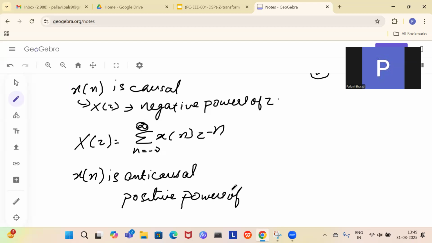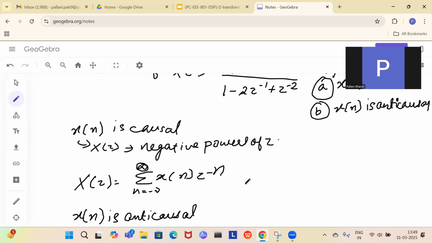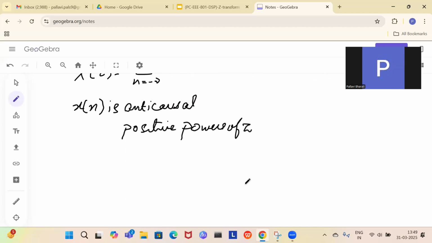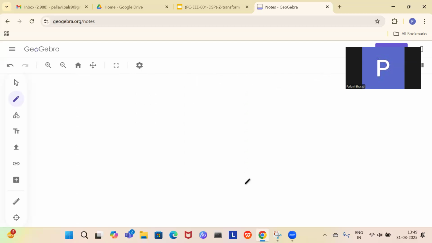Let us see. Our question is given to us: 1 plus 2z inverse. As the name of the method is long division method, we are actually going to do the long division which you have studied, I think, in 9th or 10th. But yeah, these are the negative powers, that's it, nothing else. Now, 1 plus 2z to the power minus 1, over 1 minus 2z to the power minus 1 plus z to the power minus 2.